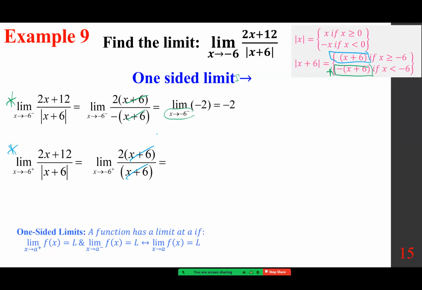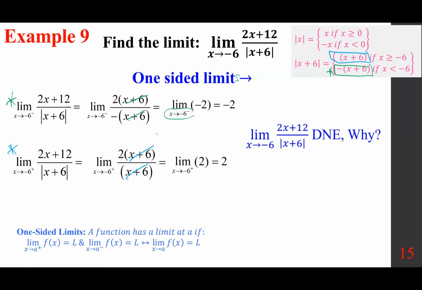And the limit of 2, regardless of x approaching -6 from the right or left, makes no difference, is 2. And therefore, because the two are not identical, one is negative 2, one is positive 2, this limit doesn't exist.